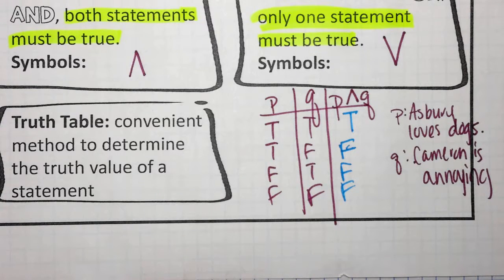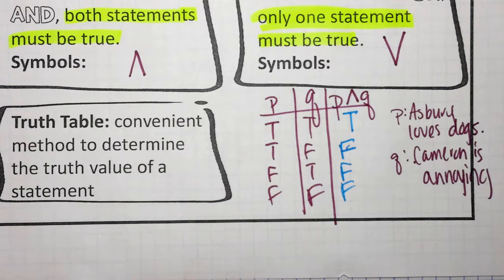Why? I'm not telling you that you're wrong, I just want you to tell me why. Maybe because both of them are false. But our definition says that both statements must be true, right?